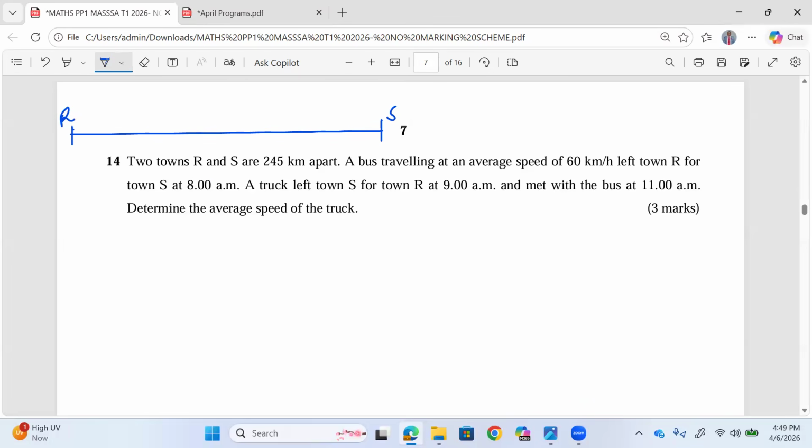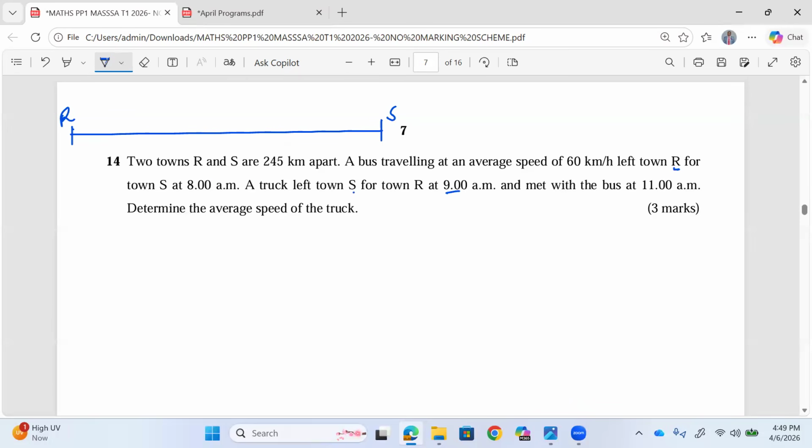Then at 8 a.m., a bus is leaving R towards S at a speed of 60. Then a truck is leaving S at 9, and the speed is unknown, and this is 1 hour later.